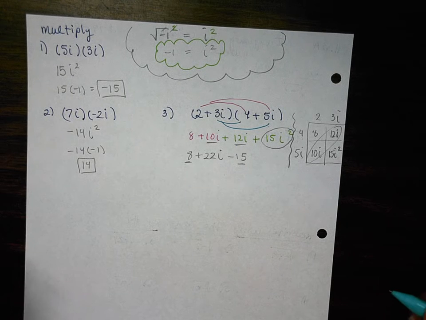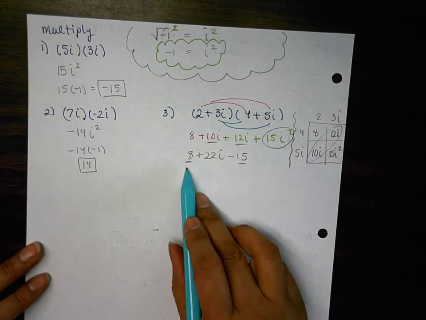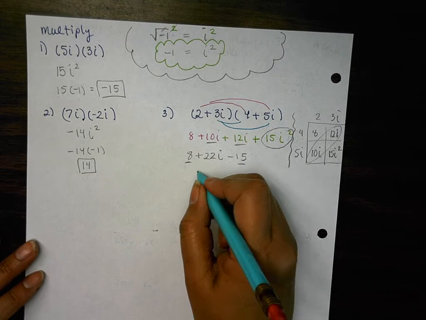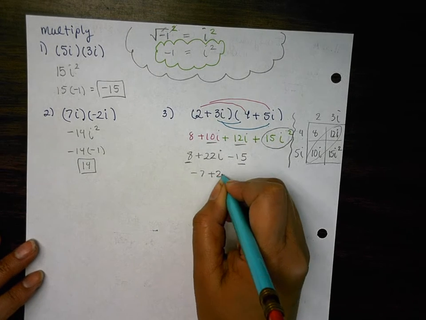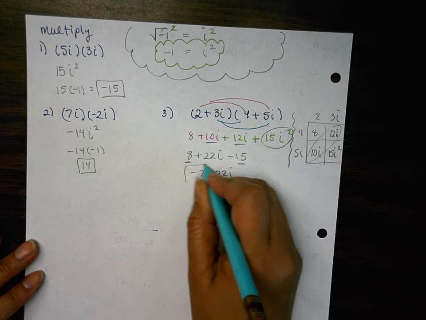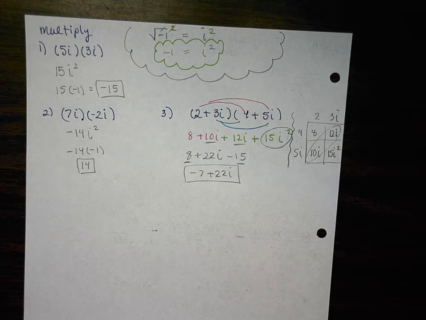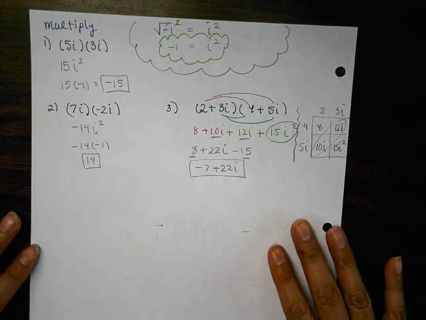Okay, so do you agree this is not like what we're used to? Usually when we did our double distribution, we didn't have to go this extra step, but here we do. So what's 8 and -15 give me? Positive or -7? Plus 22i. Remember, your real number comes first, your imaginary number comes second. -7 plus 22i. Got it?